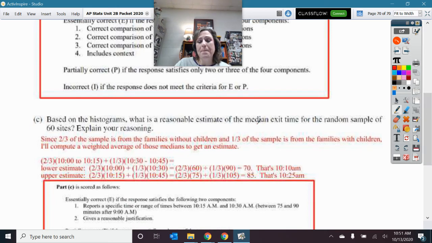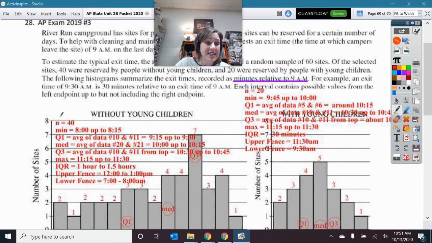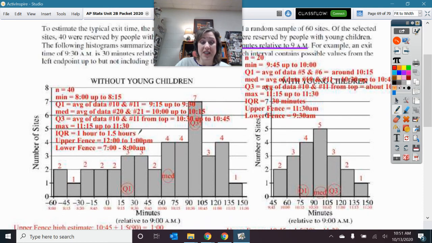Now, I liked this one: estimating a reasonable median exit time for all 60 of them. What I noticed was that over here, without young children, there were 40, and with young children, there was 20. So 2/3 of the data was on the left, and only 1/3 of the data was on the right.